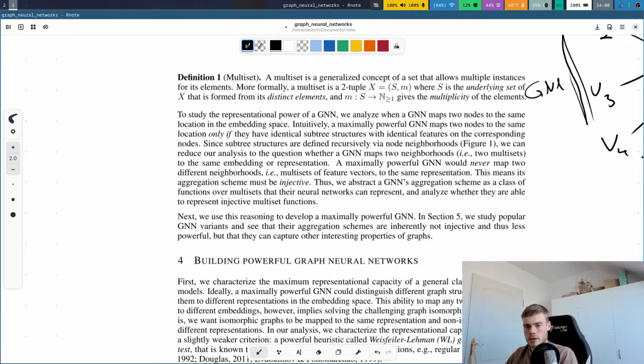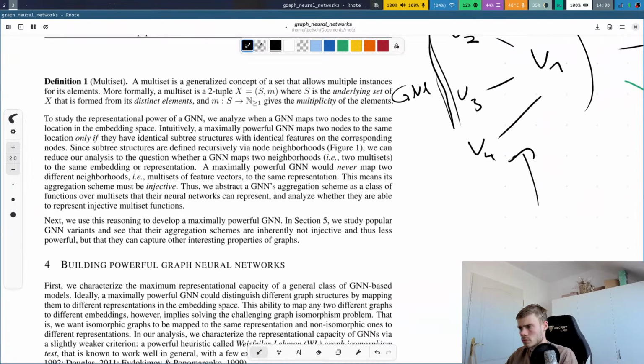Since subtree structures are defined recursively via node neighborhoods, we can reduce our analysis to the question whether a GNN maps two neighborhoods, i.e. two multisets, to the same embedding or representation. Okay.